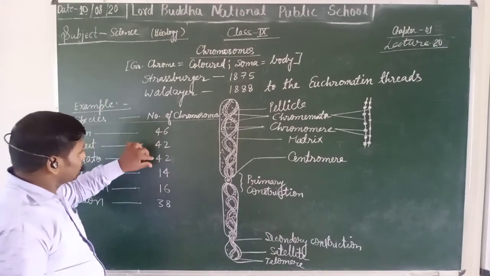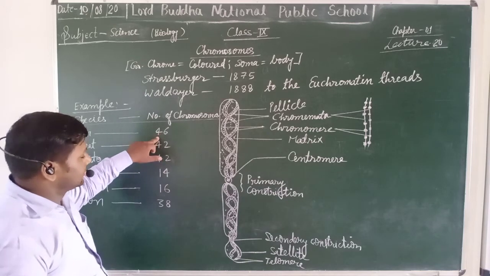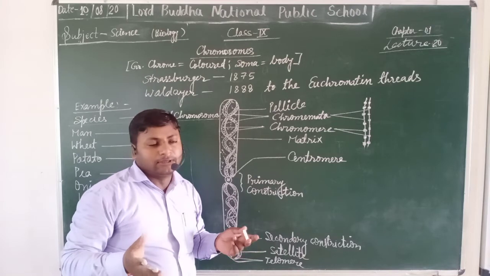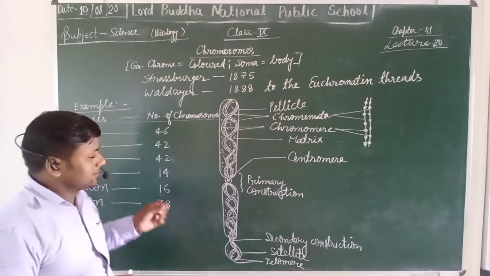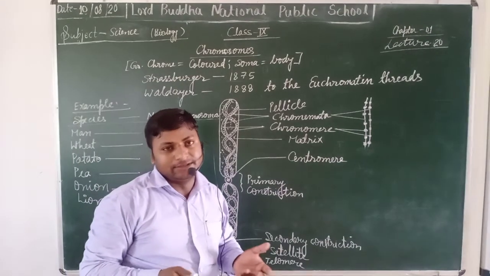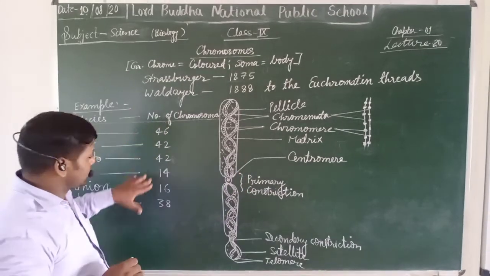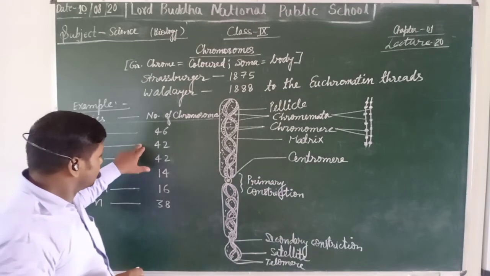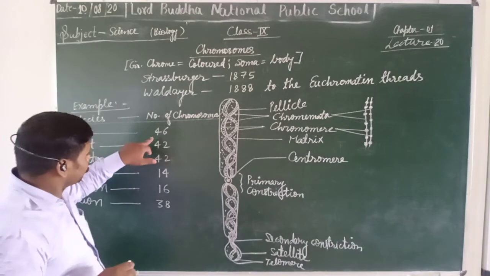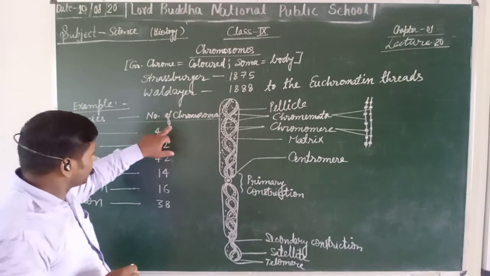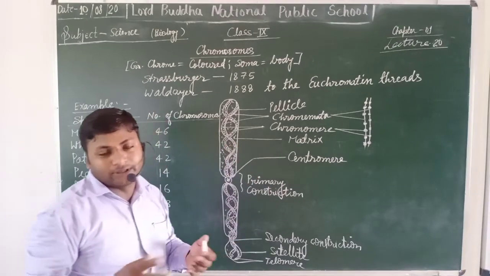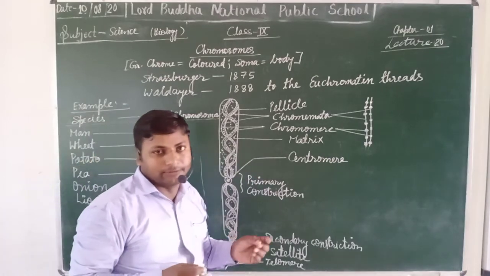If the number gets increased due to any kind of abnormalities, then the characteristics of the species get changed. Due to fluctuation in the number of chromosomes, the characteristics of the species get changed. As if the number of chromosomes becomes 45 instead of 46, what kind of changes take place in the human body?